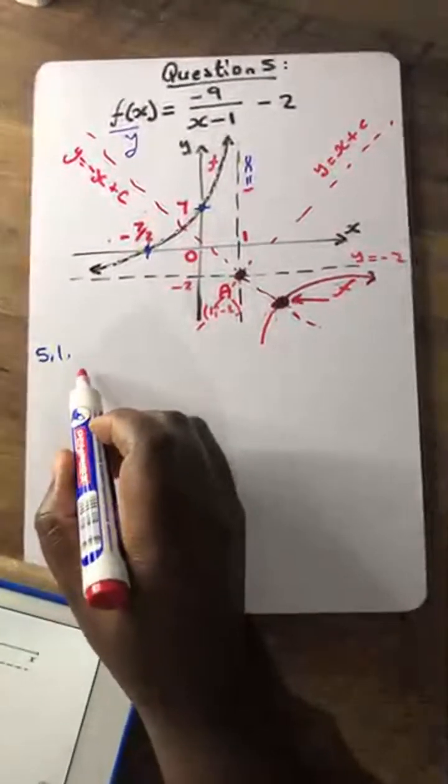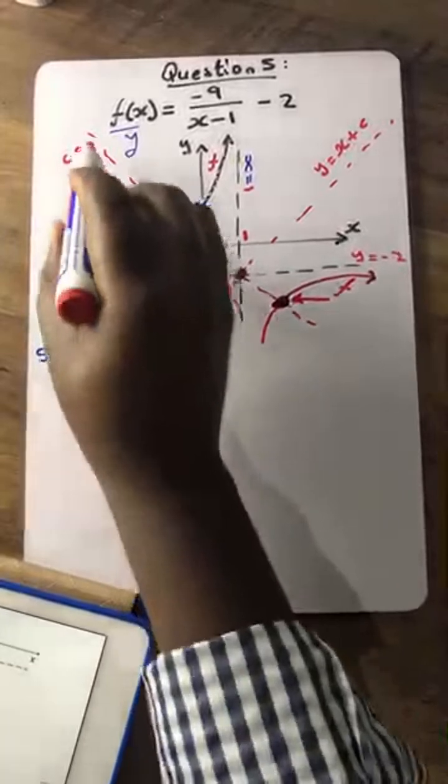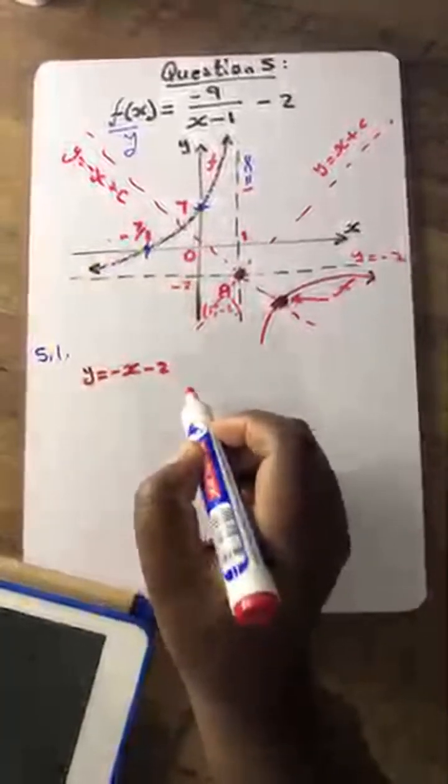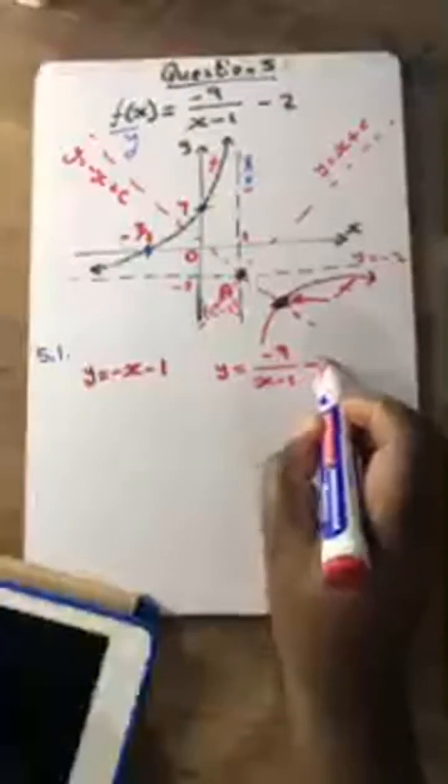So remember, you have your first equation of that straight line being negative x minus 2. Is it 2 minus 1? What was it? I think it was minus 1. And you have that one there being y equals to negative 9 over x minus 1 minus 2.